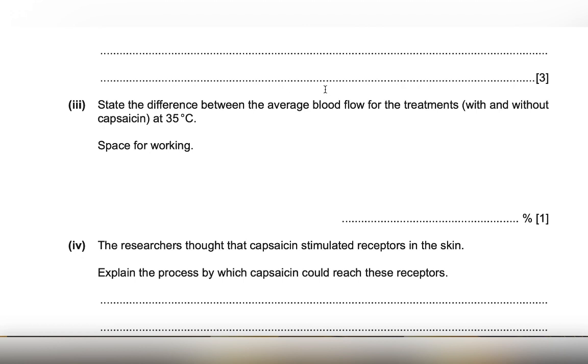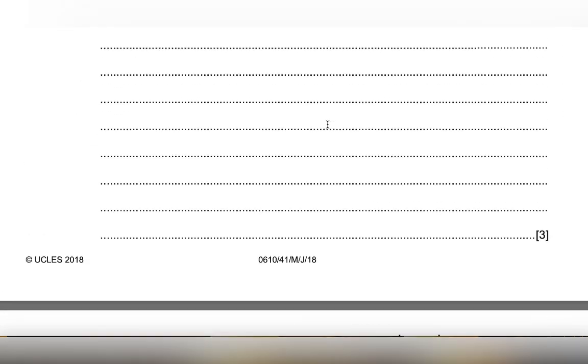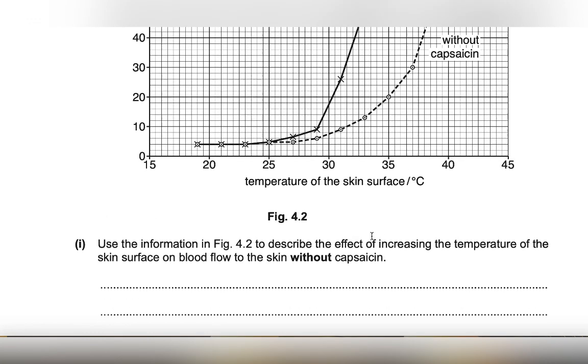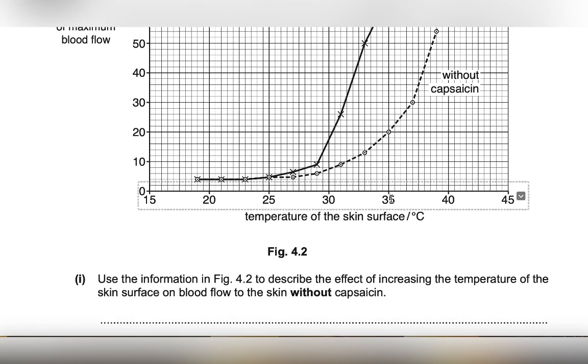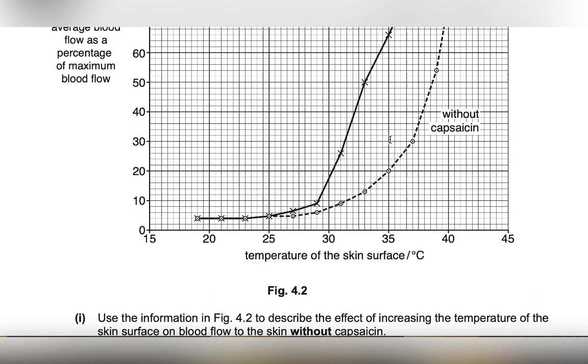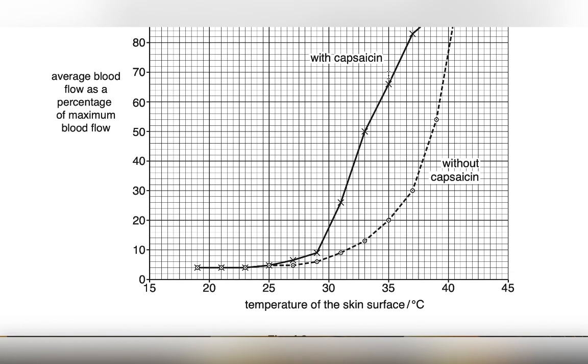So we have to go to the graph at 35 degrees Celsius. Look at the temperature at 35, trace it to the line, to both of them. If you trace 35 here, the value without capsaicin is 20. Continue to trace it up to meet capsaicin, and you subtract the values.